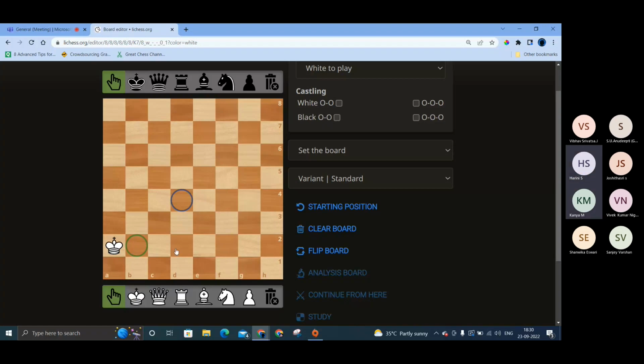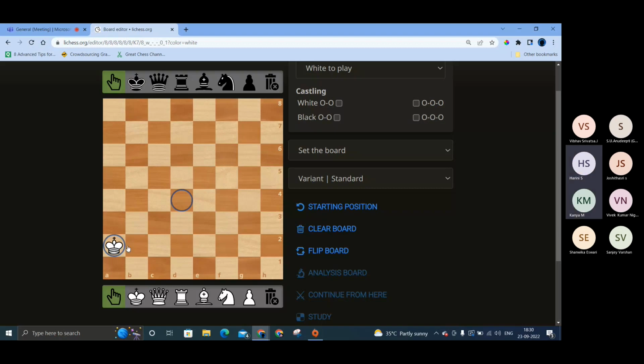She said d2 can. Where is the king, Kanya? Which square the king is in? A2. From a2, can it jump to d2? Is this one step? No, right? So it can move only one square. So where will it move?